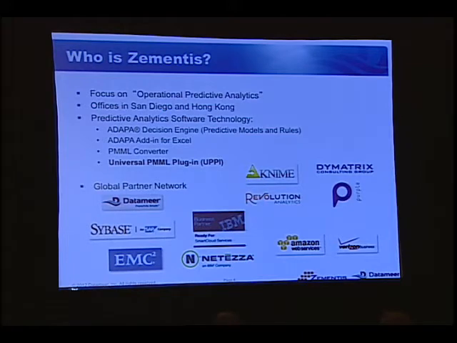A little unknown fact here is a PMML converter that's actually wrapped into the PMML plugin. PMML has a long track history of different versions, and so this allows us to upgrade to the latest version and deploy across a large selection of vendors and versions. We primarily operate through partners. Datameer is one of our strategic partners for the Hadoop world.